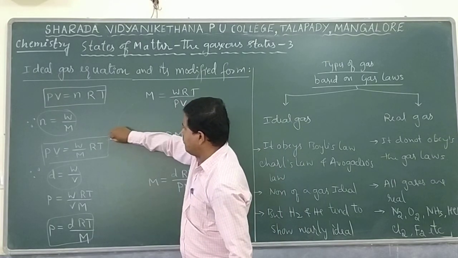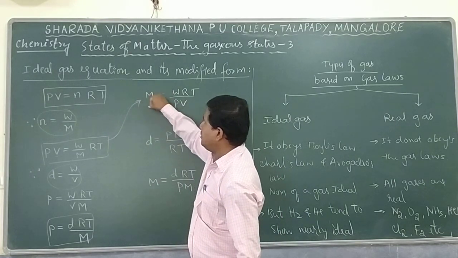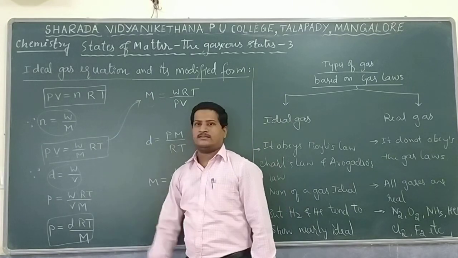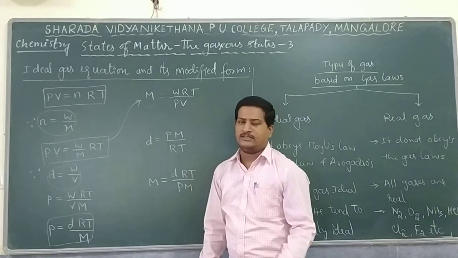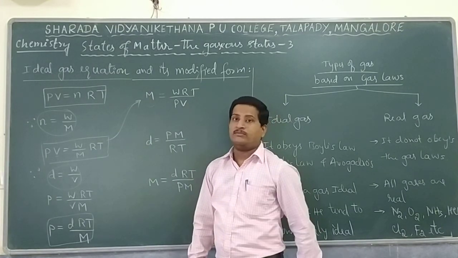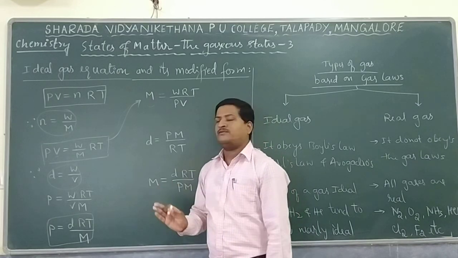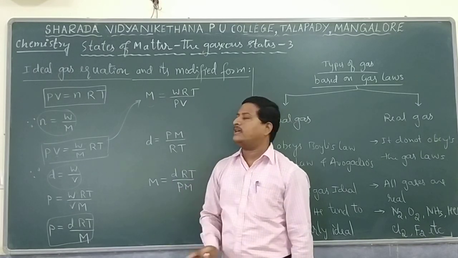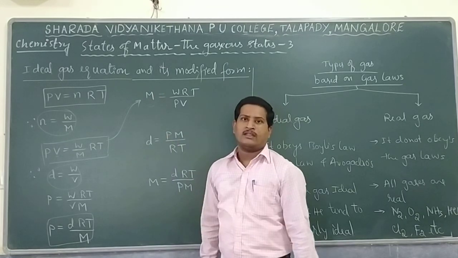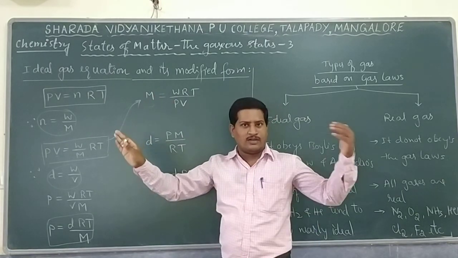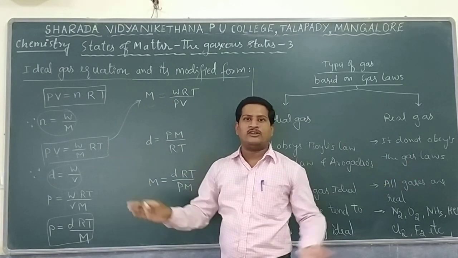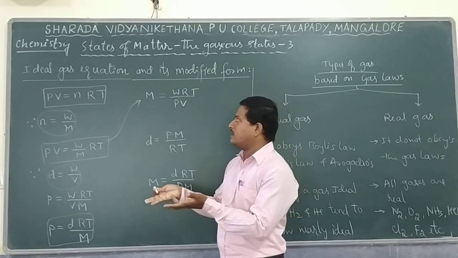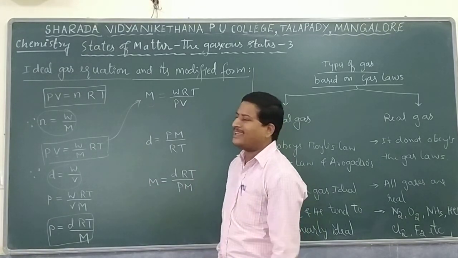Now, from this equation, we can find molecular mass. So what is the advantage of this? If you have an unknown gas and you have to identify what type of gas it is, the best tool for identifying the nature of the gas is to find out the molecular mass. If the molecular mass matches with our unknown gas molecule, then we can identify the correct gas molecule present.